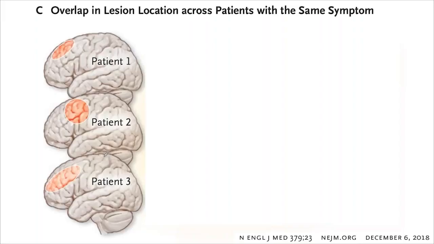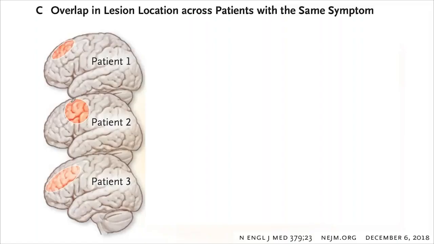In most of the cases, we have different patients, patient 1, patient 2, patient 3, that have the same symptoms. For example, lack of control. So patient 1 has lack of control, patient 2 as well, and patient 3. But they have different lesions, because the lesions are not in our control.